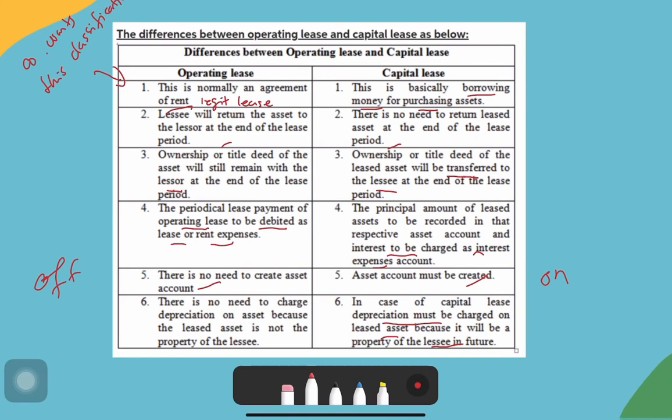They can keep them off the balance sheet, so it will not affect the solvency ratio. But for the capital lease, it's like a fake lease, and the company actually doesn't want this classification because they have to record it on the balance sheet and it will affect the solvency ratio of the company.